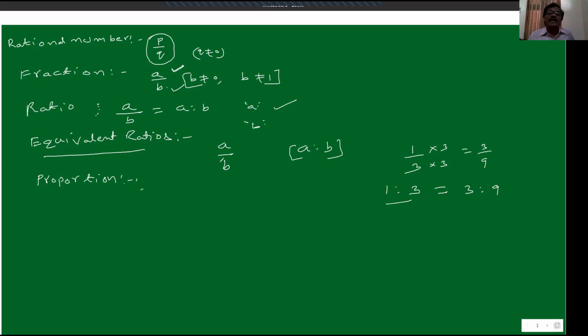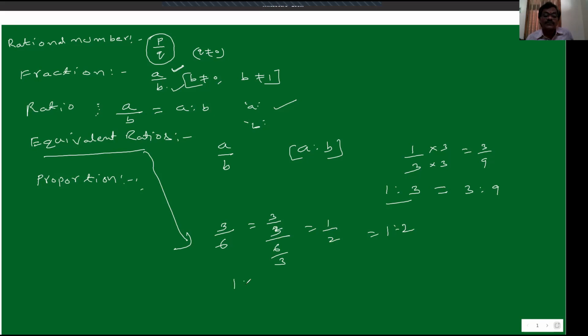If we multiply or divide the antecedent and consequent by a constant, the resulting ratio is called equivalent to the given ratio. If I take 3 by 6, if you divide antecedent 3 by 3 and consequent 6 by 3, we will get 1 by 2, that is 1:2.